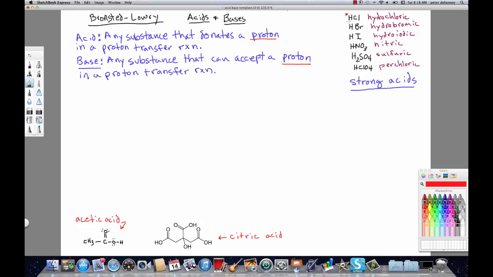I'm going to pick on hydrochloric acid, that's HCl, because that's most often the strong acid that is focused on in textbooks. Let's take a look at what happens when you dissolve hydrochloric acid into water. By the way, oftentimes in the beginning of these descriptions in a textbook, they talk about the fact that when you dissolve an acid into water, the resulting solution is going to have a sour taste.